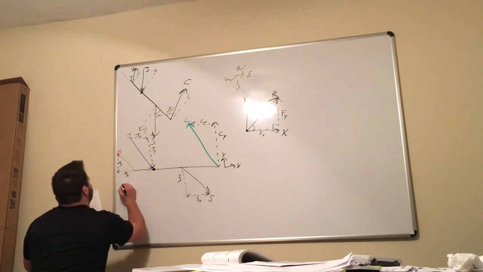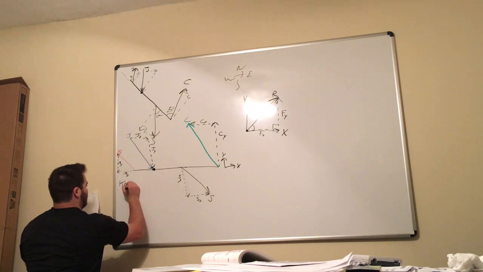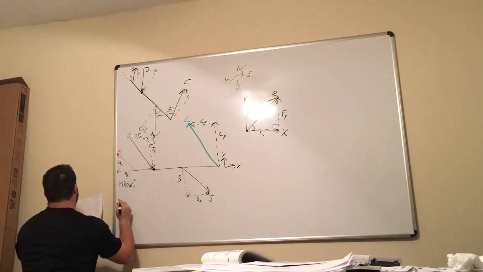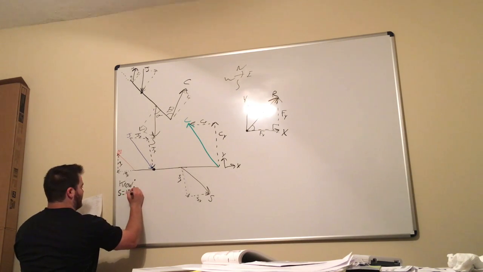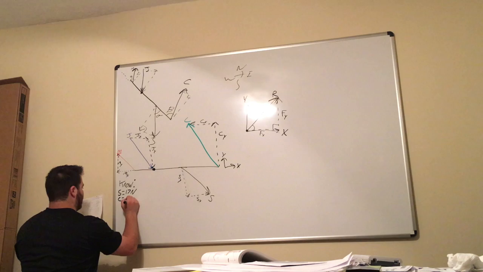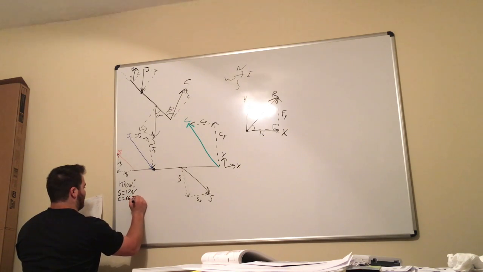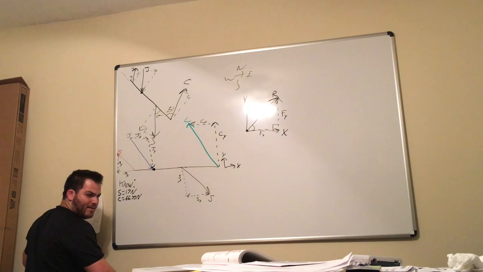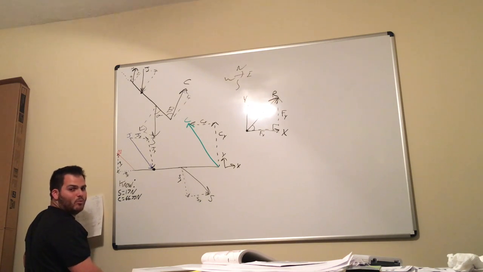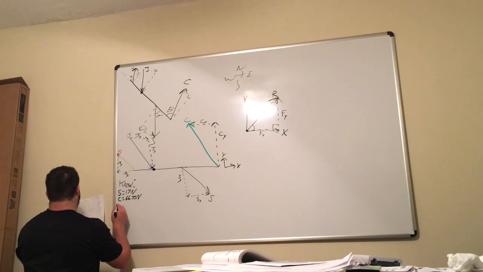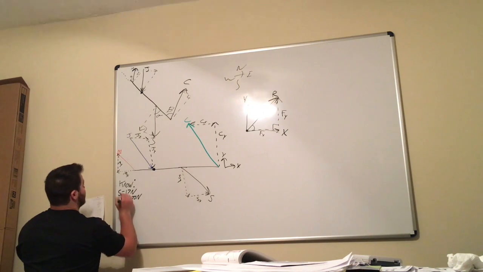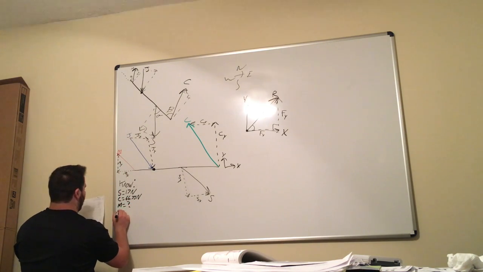So we know that our S is going to be 17 newtons, our C is going to be 66.75 newtons, and I believe they gave that to us in pounds, and then we just converted from pounds to newtons, but they did that in the textbook. Our M is, well, we don't know, we're going to find that eventually, and then also our J, we also don't know, our joint force.